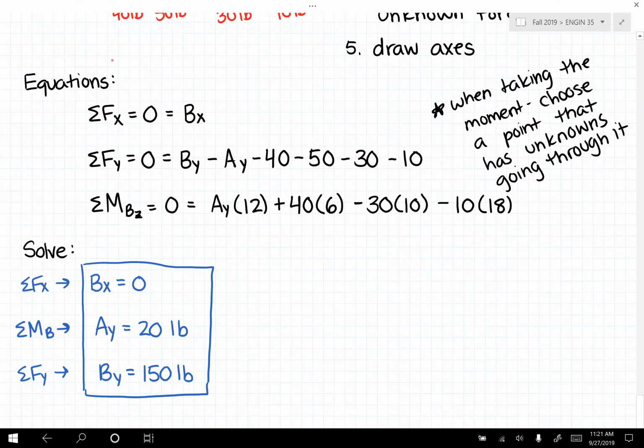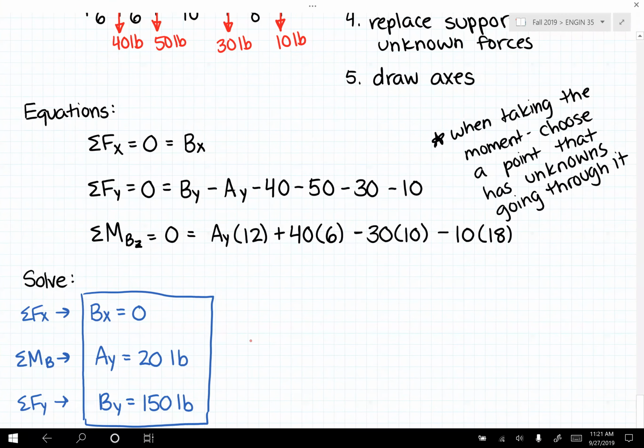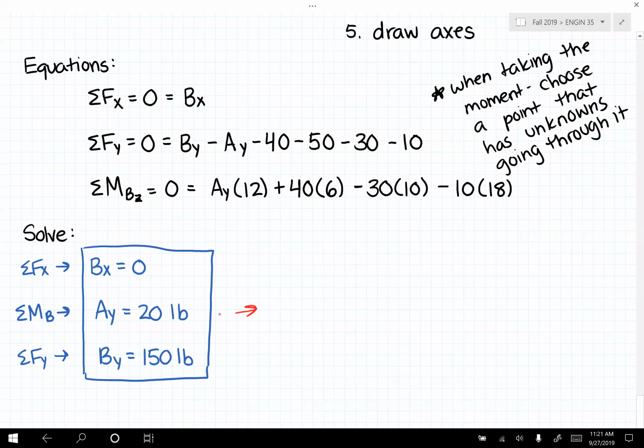And just a quick note about this positive Ay. So positive here means that I drew my vector, I drew my unknown in the correct direction, not that Ay is in the positive y direction.